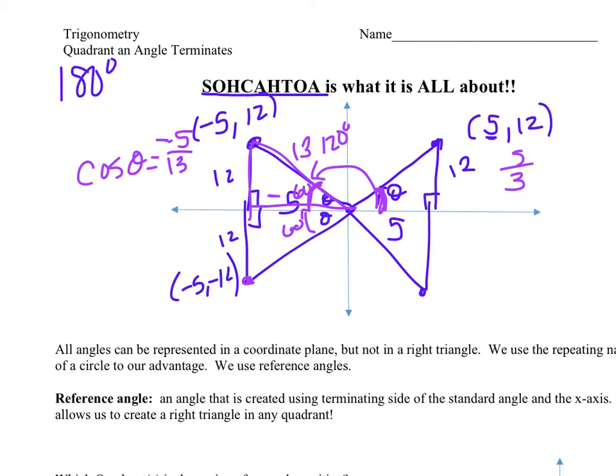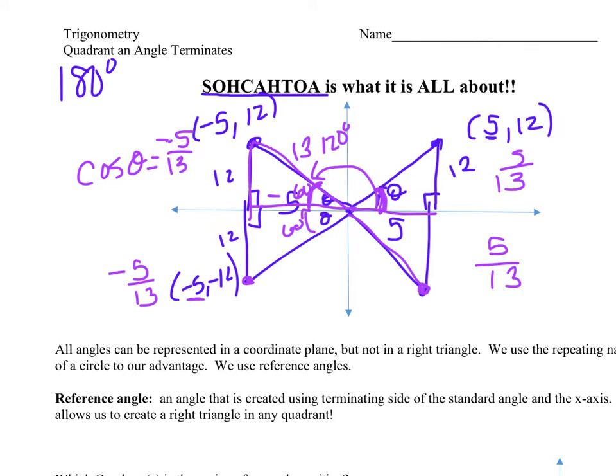Over here, the cosine would be negative 5 over 13 again. And the cosine over here is now positive 5 over 13 because the hypotenuse is always positive because it's the hypotenuse.